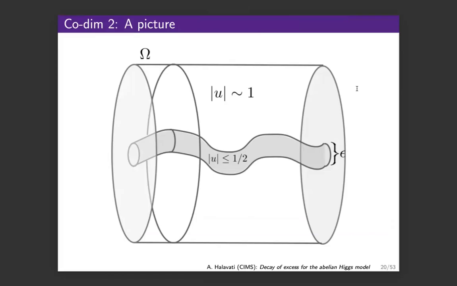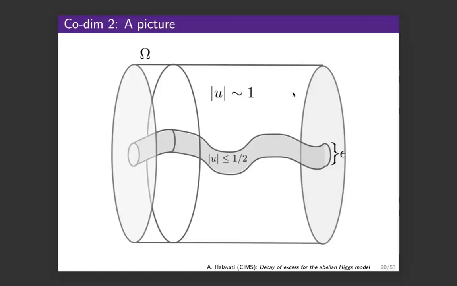So in the same setting, you're basically a tube around a codimension 2 object, right? And away from this tube, you're close to being pure states, right? And you can think about if you rotate around the boundary of this circle, your U has a prescribed rotation number, right? And because of topological restrictions, you have to assume 0 somewhere inside this tube, right?